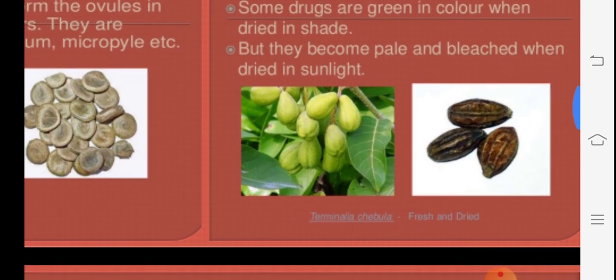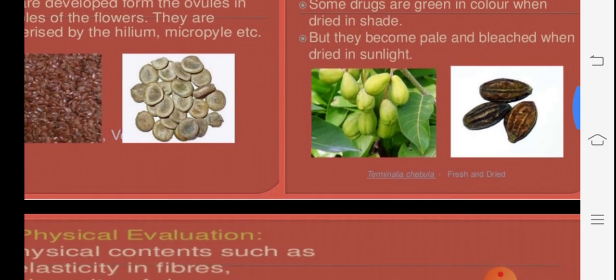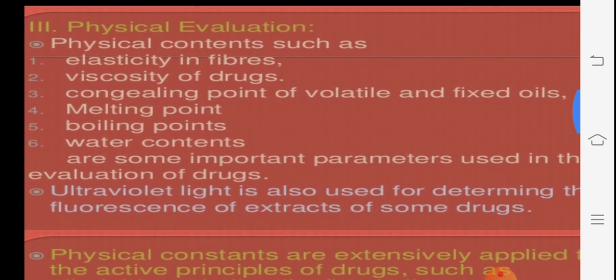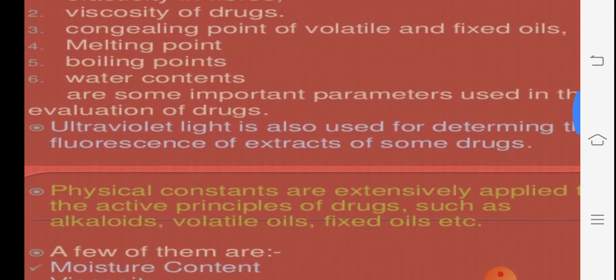Then color, here you are generally observing Terminalia chebula, hirda, in the fresh natural and the dried conditions. Next, with respect to this, which are the physical evaluation methods? In physical evaluation there are different drugs: stem drug, root drug, fiber drug, flower drug, fruit drug. Here you are observing the elasticity in the fiber, then viscosity of the drugs, then the congealing points of volatile or fixed oil if present, then the melting point and boiling points are important.